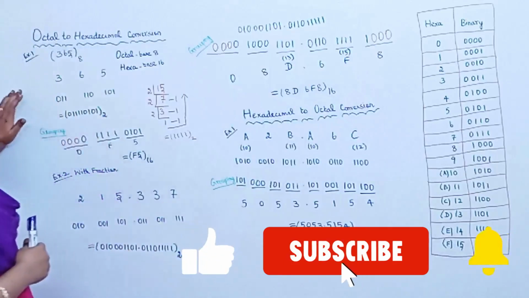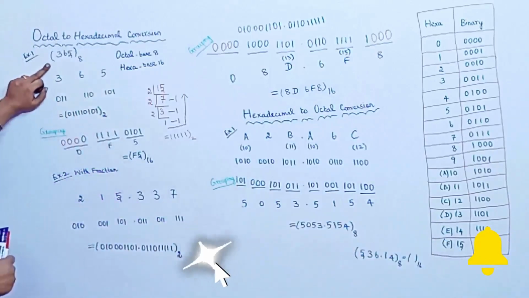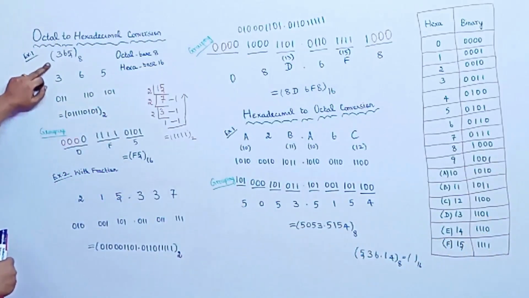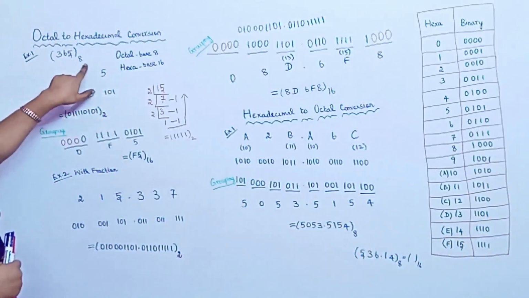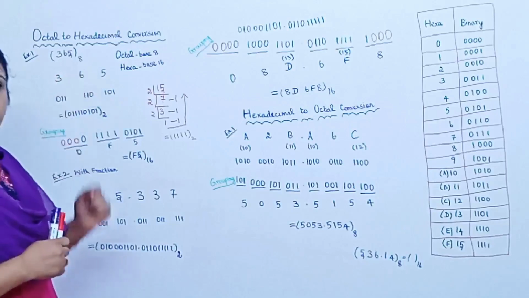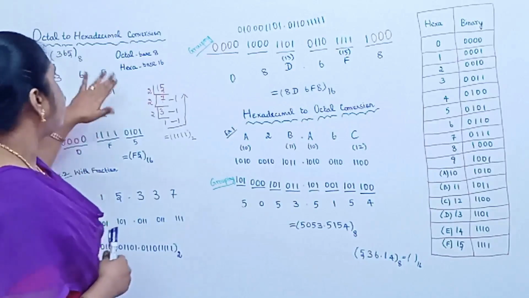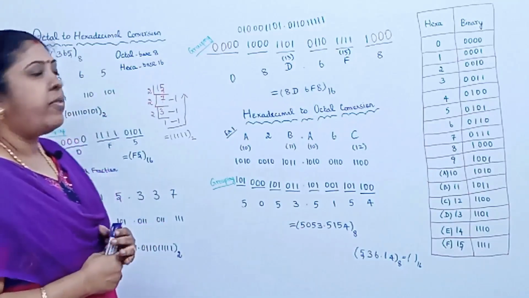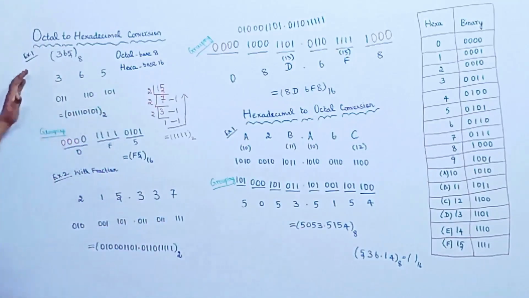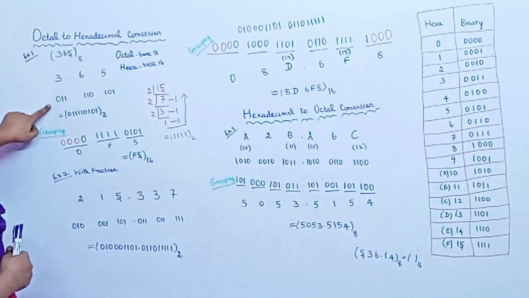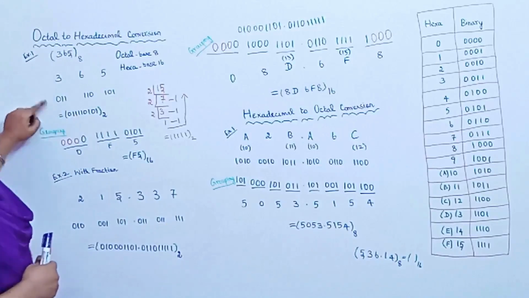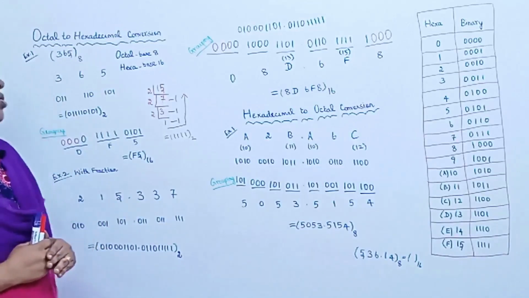Consider in the first example an integer number, that is, without any fractional part, 365 to the base of 8. Here we want to convert this 365 to hexadecimal. First, we substitute the concerned binary values, the 3-digit binary values.